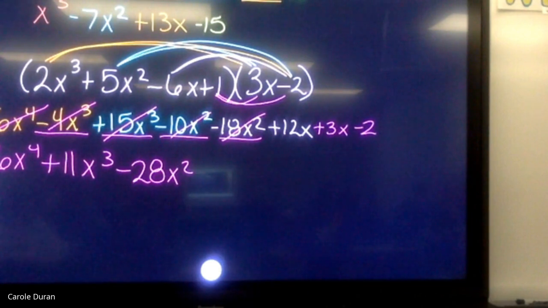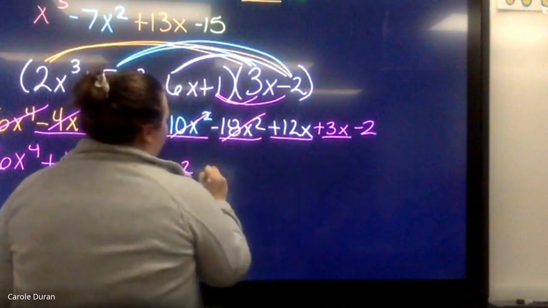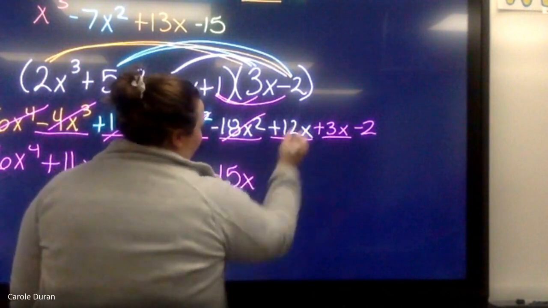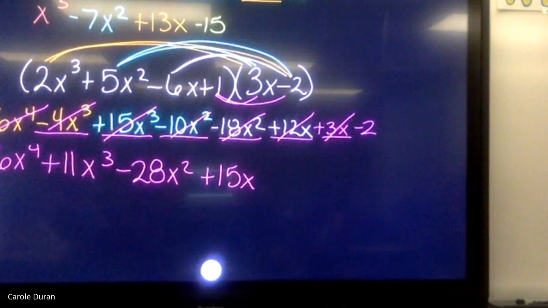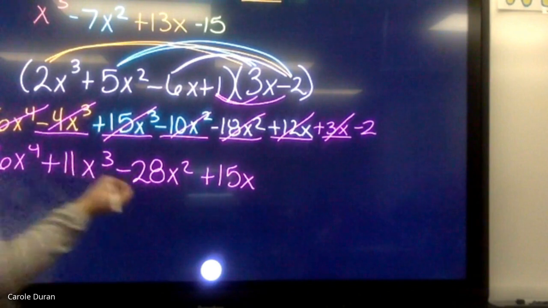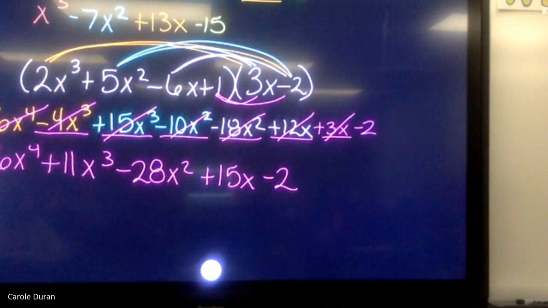Oh, I got it wrong. There's a 3x, so I can put those together. So I have a 12x and a 3x that I put together. And then I have the minus 2 constant on the end. So then this is my polynomial answer.